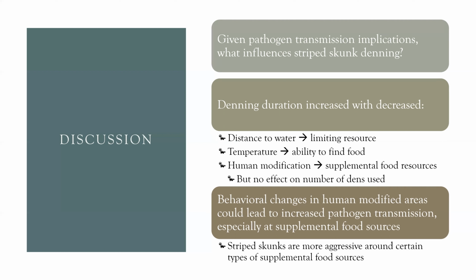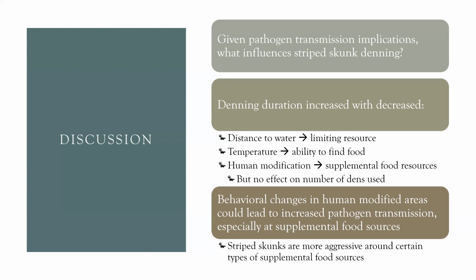This is still really noteworthy though, because another study has documented behavioral changes in striped skunks in areas with human food sources. What that study found was that striped skunks are more aggressive around certain types of supplemental foods, especially bird seed and cat food.